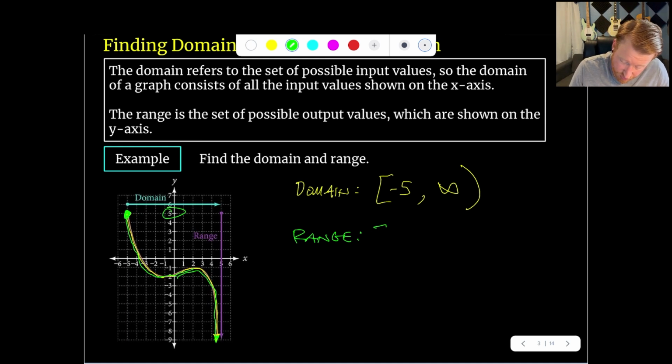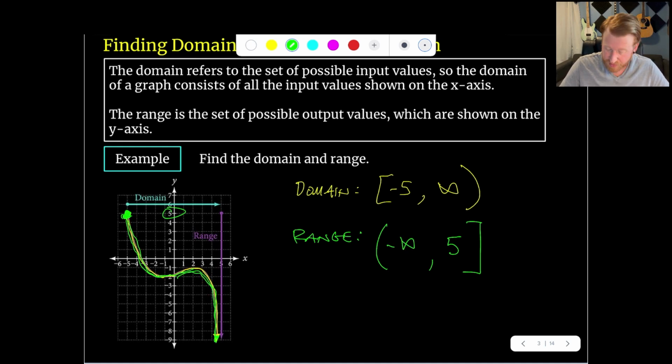And that is starting, here the largest value is 5, so now I need to undo a little bit here because I wasn't thinking ahead, but the largest value here is going to be 5, and then everything down to -infinity is going to be part of the range as well.